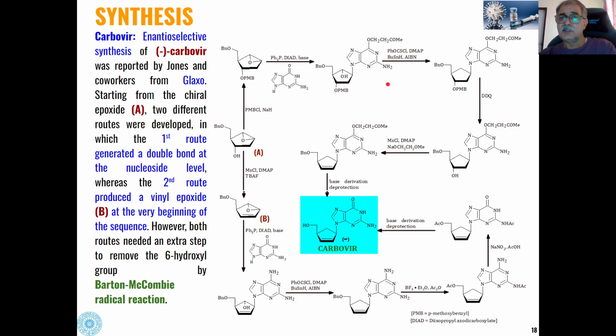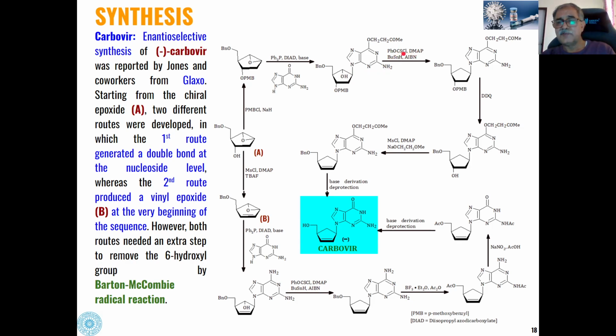Then this reacts with this thiochloride derivative in presence of DMAP and tributyltin hydride with azobisisobutyronitrile, and basically this hydroxyl group will be replaced by hydrogen because of this tributyltin hydride.